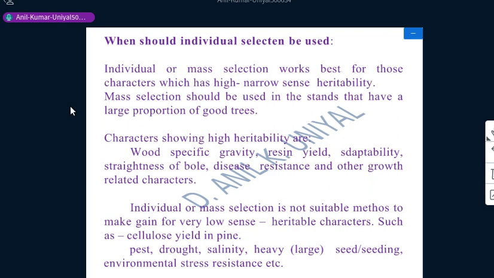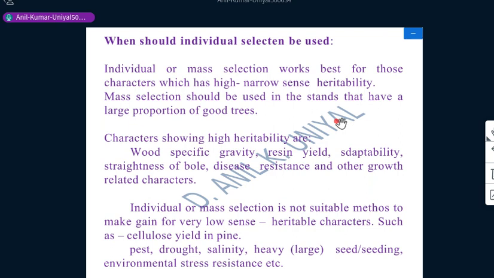Individual or mass selection works best for those characters which have high narrow sense heritability, meaning the characters that are definitely transferred from parents to F1, like adaptability and height criterion.